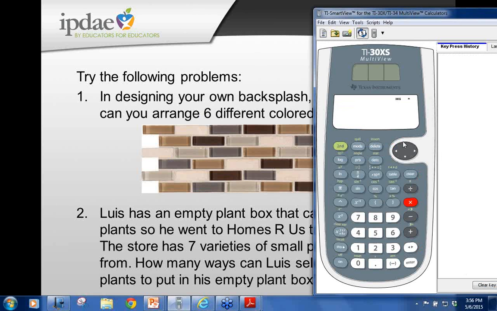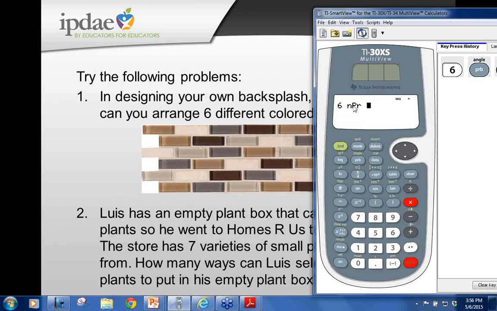Clear that and then clear the key. First you need to know how many objects there are in your selection, and in the problem I have 6. Then I press the probability menu. Do I pick 1, 2, or 3? You can press 1, or you can press enter if you're already highlighting the 1.